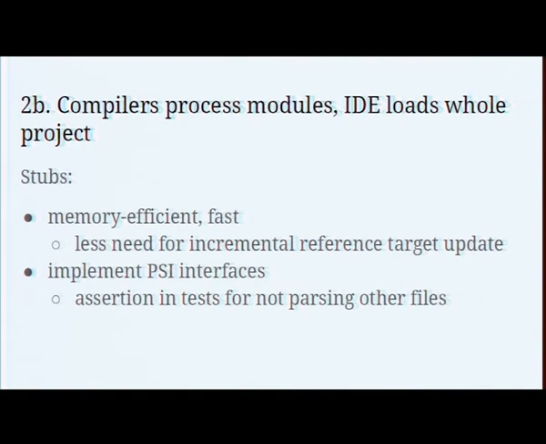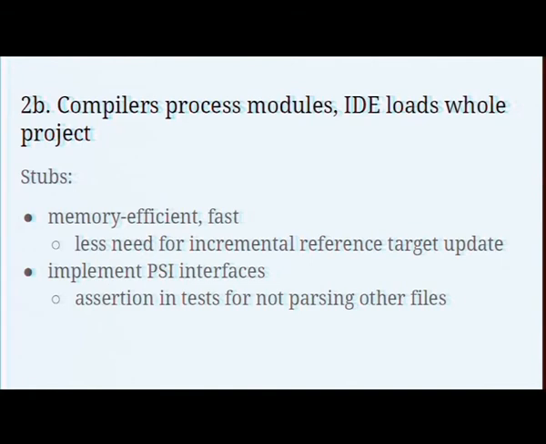But there are still cases when we would be glad to have such a model, because even with stubs, some queries, like show me the inheritors of a class which has 10,000 inheritors, are still slow. And another nice thing about stubs is that they also implement the very same PSI interfaces.